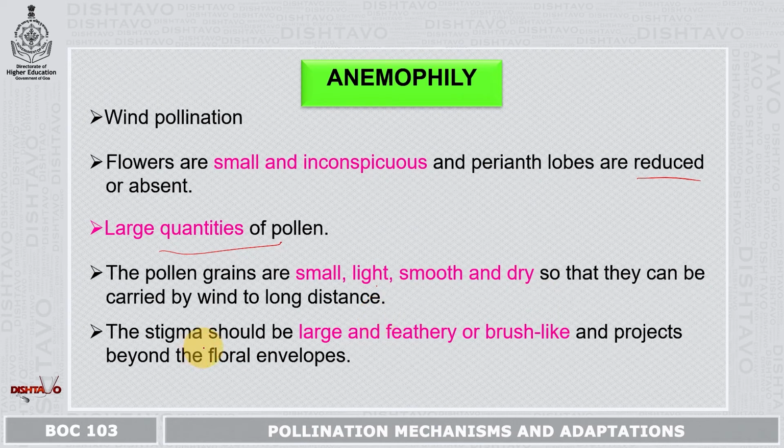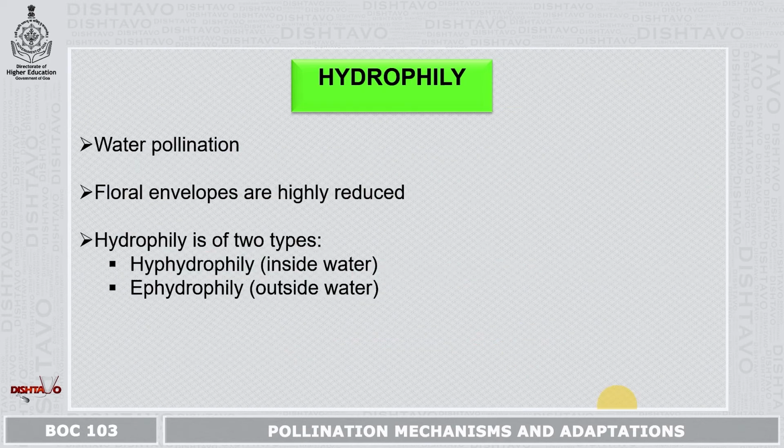The stigma should be large and feathery, or brush-like, and projects beyond the floral envelopes, so that the pollen that is there in the wind is trapped by the stigma, and this brings about pollination.